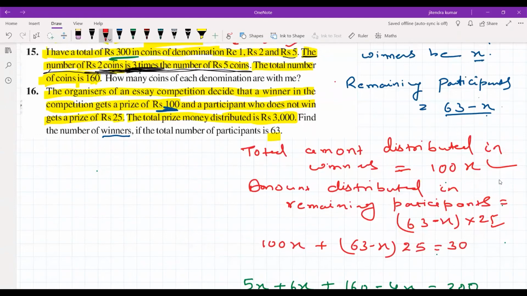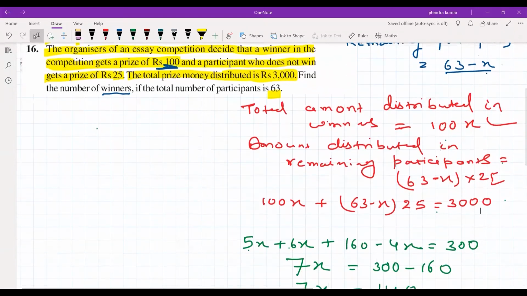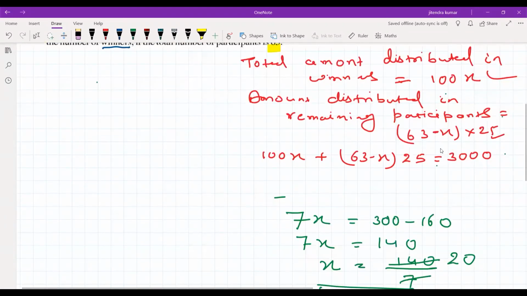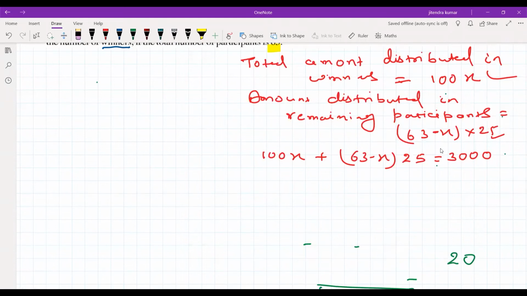57 by 3 is 19. So x is equal to 19? So there are 19 winners.